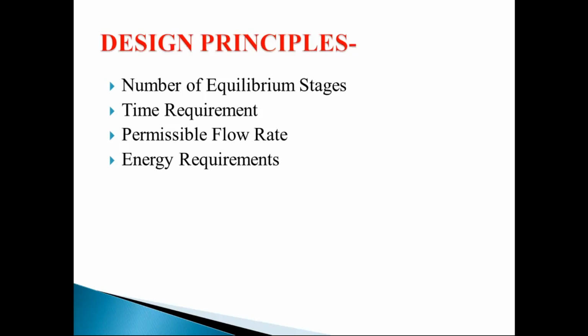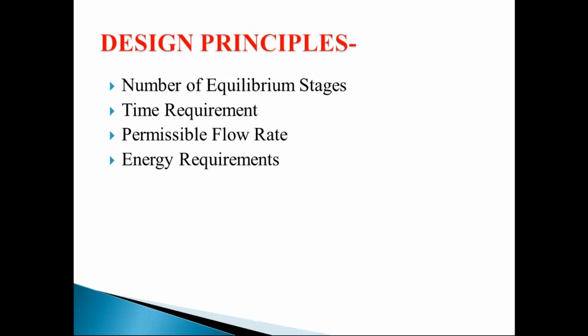For example, there are adverse vapor flow conditions in a distillation column. If we cross the permissible flow rate of vapor or liquid in a distillation column, there will be adverse vapor flow conditions, for example flooding, or we can say entrainment. All these are because of adverse vapor flow conditions. So we should know the permissible flow rate to design any equipment for the process.